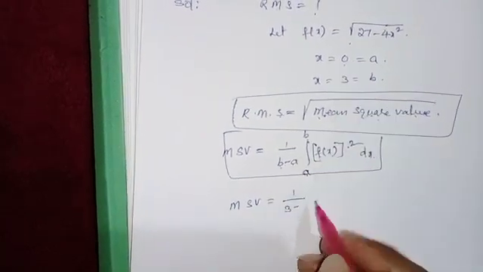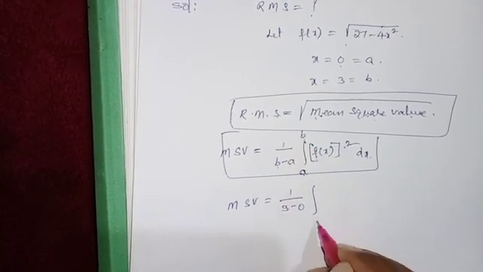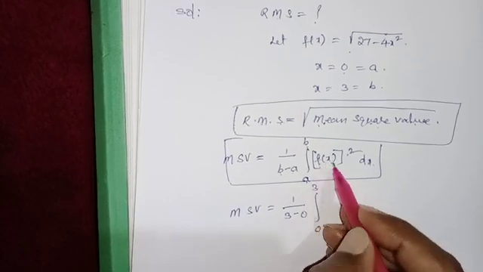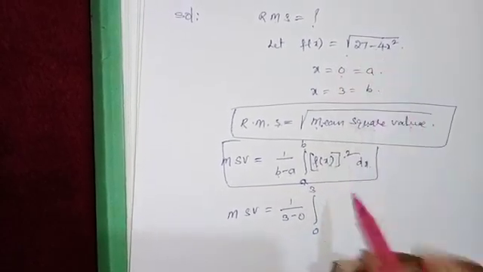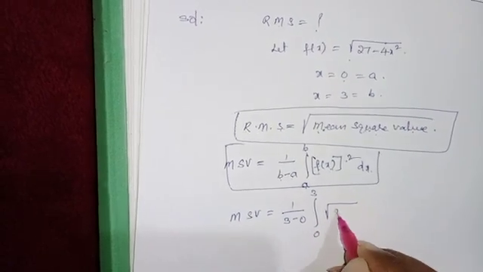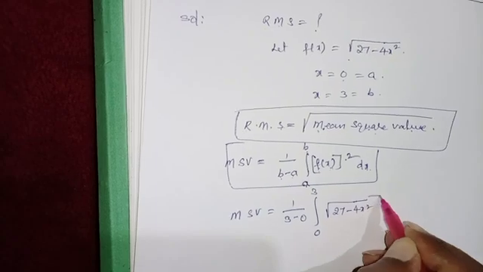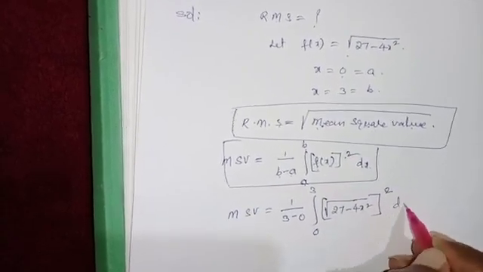minus a, a value is 0, integral a to b, a value is 0, b value is 3, f of x. f of x value is under root 27 minus 4x square, and it has the power value whole square dx.